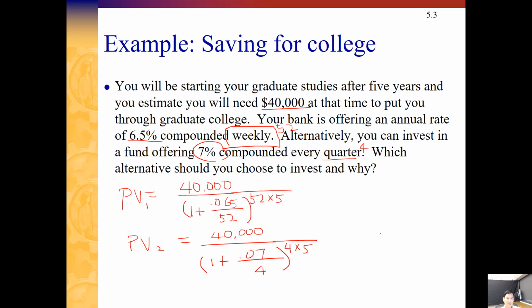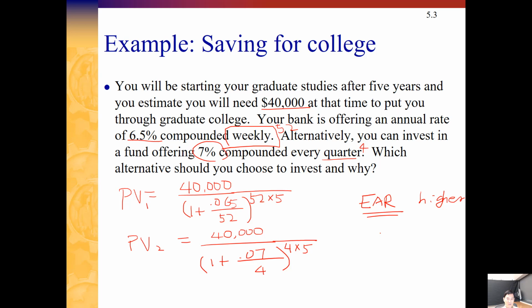So that's one way. And another way to compare these two is simply to calculate the effective annual rate. The effective annual rate is the actual rate of return after you account for the different compounding. So if you compound 6.5% weekly and compound 7% quarterly, then whichever gives you the higher EAR will be the better investment opportunity.